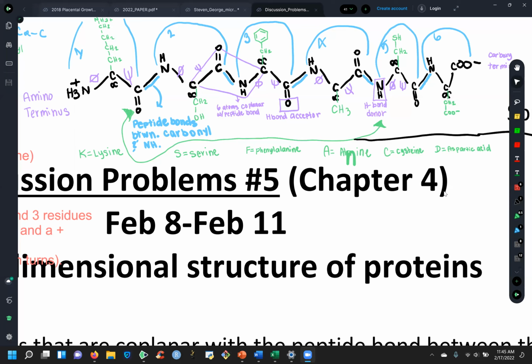So the first carbon is alpha, the second carbon is carbonyl, and then we have our nitrogen, we just add a hydrogen. Okay, then we have our alpha carbon, carbonyl.